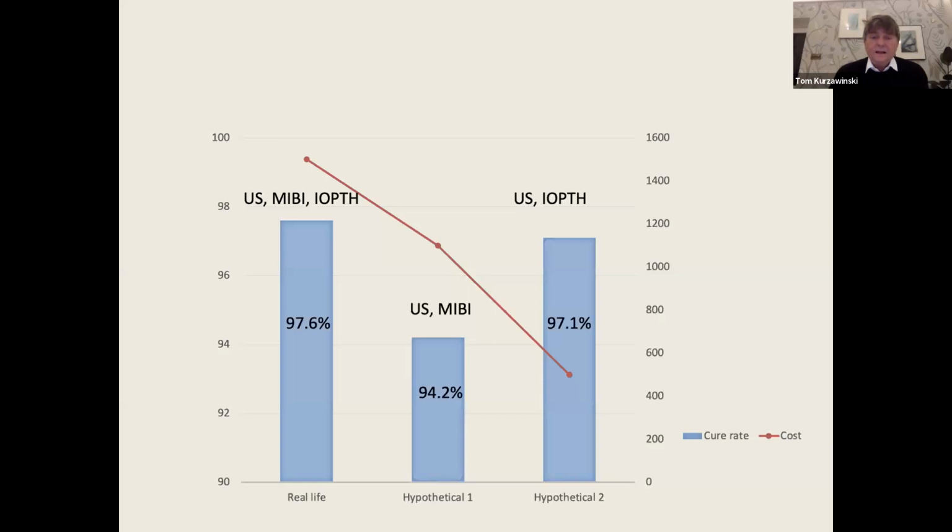And if we did ultrasound and IOPTH only, the success rate went up again, up to 97%. And you can see from the figures at the bottom of the slide that the most cost-effective scenario was actually ultrasound and IOPTH. And the most expensive one was when you did everything unnecessarily. Less expensive was ultrasound and SESTA-MIBI, but at the cost of dropping the cure rate.